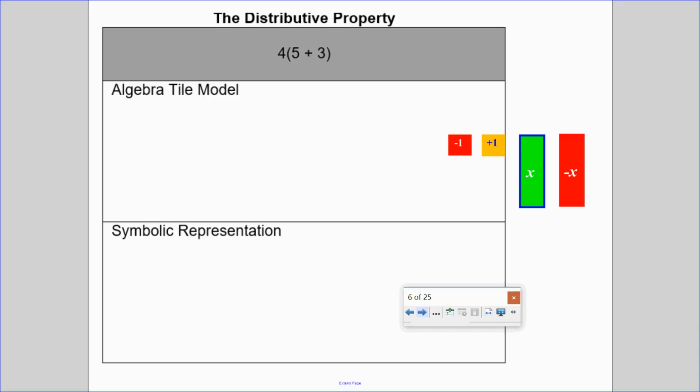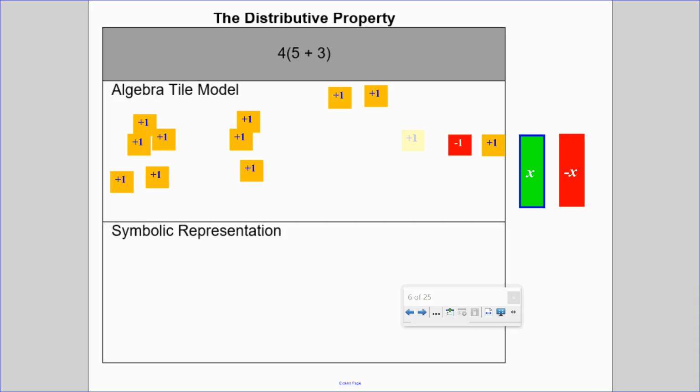So it says 4 times the quantity of 5 plus 3. So here is 5 plus 3. Here's the second quantity, a 5 plus 3.